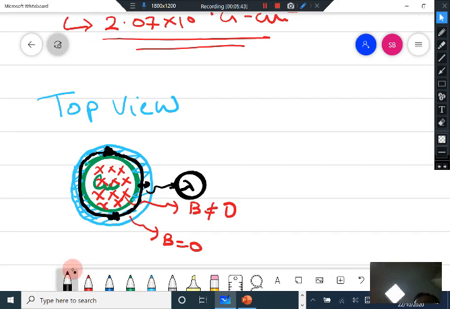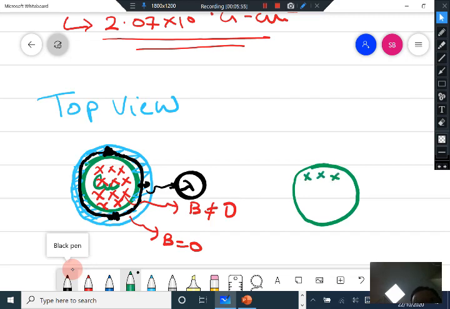So basically what you will have is this region which will have magnetic field inside it.